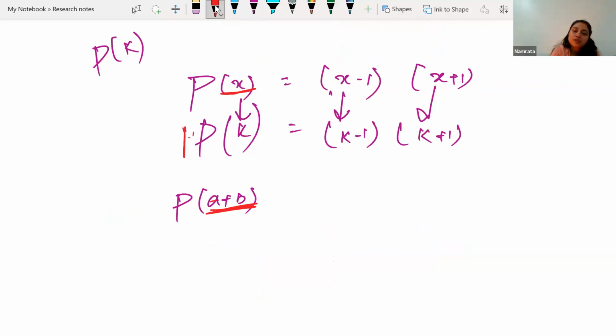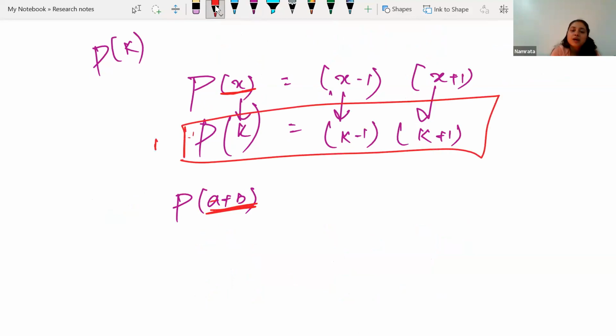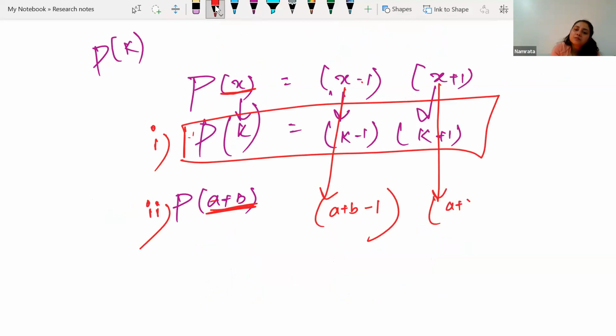Okay, forget about this one. This was part 1 question, and this is part 2 question. If we have to find p(a + b), then in the place of x we will write a + b over here, minus 1 I am copy pasting. In the place of x I'll write a + b + 1. This is the required polynomial at x = a + b.